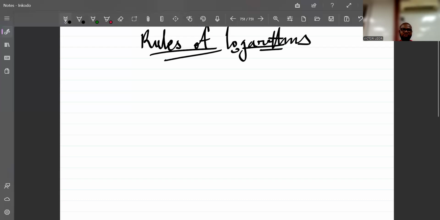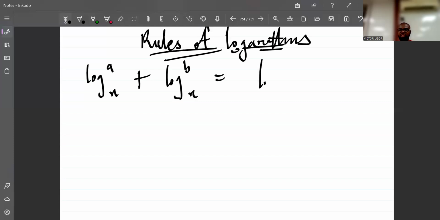For example, when you have log a base x plus log b base x, when they have the same base, it's going to be log ab base x.